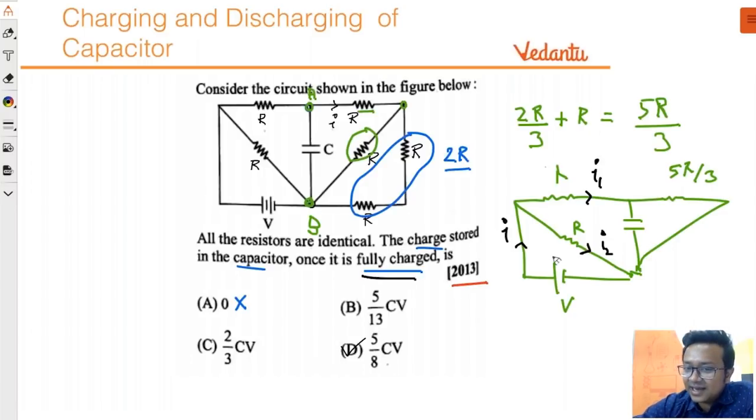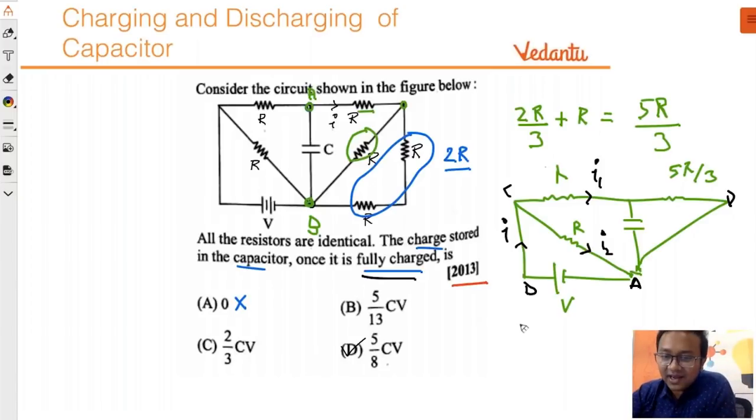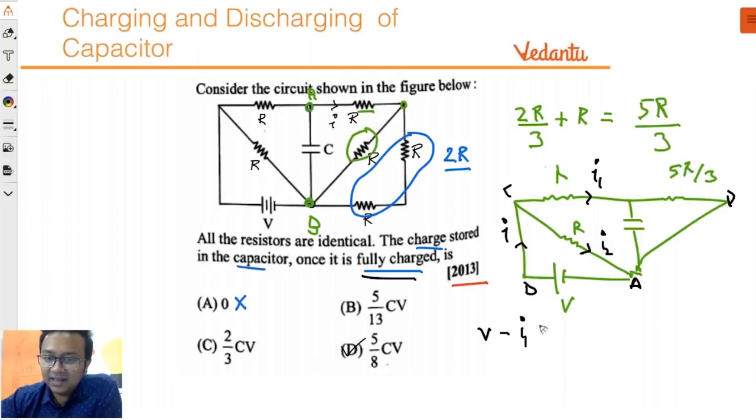Then, my dear students, I can apply KVL in this loop, A, B, C, D, and A. Then, students, if I do that, what will I get? V minus I1 into R minus I1 into 5R by 3 is equal to 0.